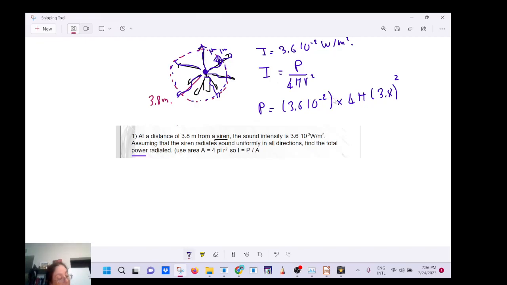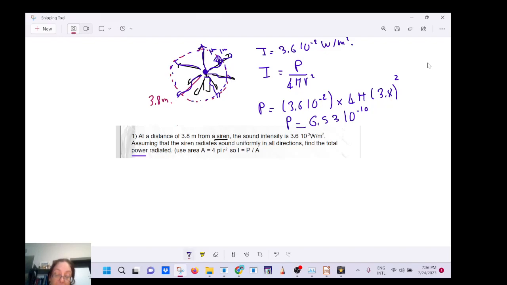And I think I did this one. So the power will be, you can pause the video, make sure I did that right. It's going to be 10 to the negative 10. Oh, it's a minus 2 here. So let's do the computation.